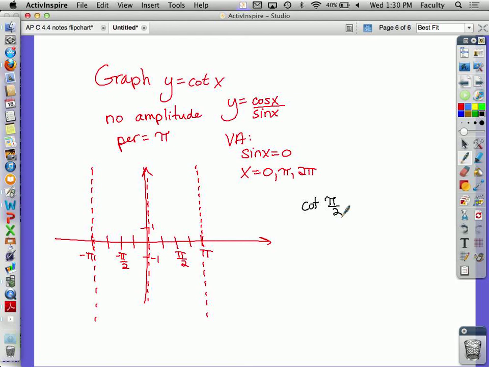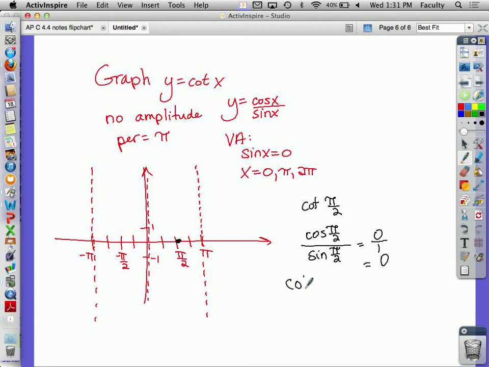Well, let's start with cotangent pi over 2 then. That would be cosine pi over 2 over sine pi over 2. Cosine pi over 2 is 0, sine pi over 2 is 1. So that's 0.